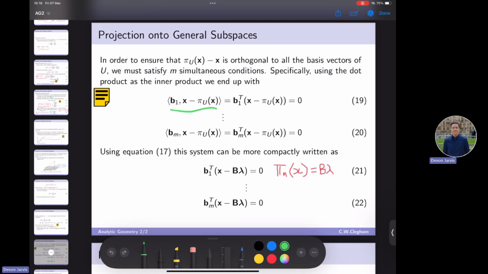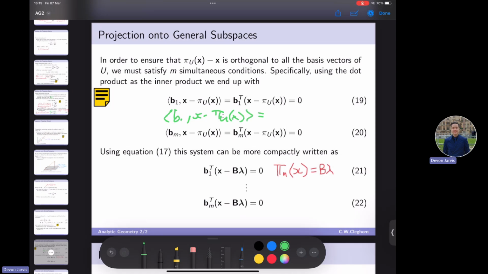For this example in the slides, we still use the dot product, right? So we're going to be using the dot product, but it's a nice idea to think about how you would generalize this to arbitrary inner products. What might happen here is you would have b1, x minus pi of u x.